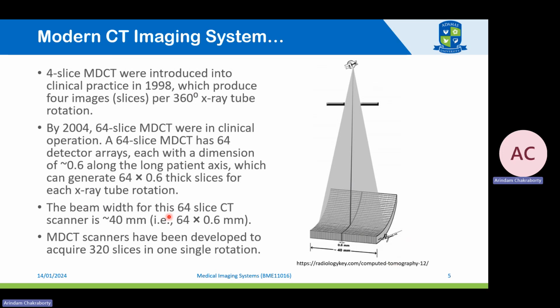In modern day, there are already clinically available MDCT scans which can acquire as many as 320 slices in a single rotation. That means a 320 slice MDCT can acquire 320 slices in a single 360-degree rotation of the X-ray tube around the patient.